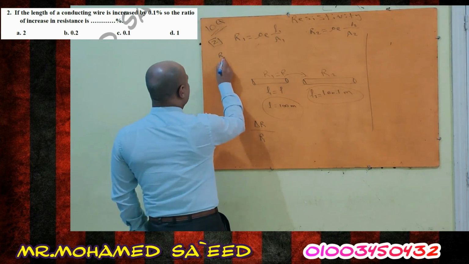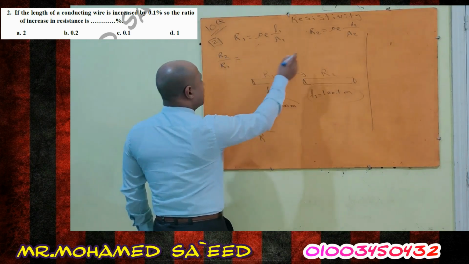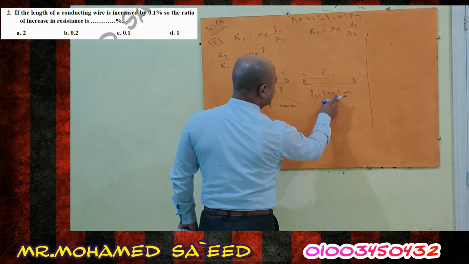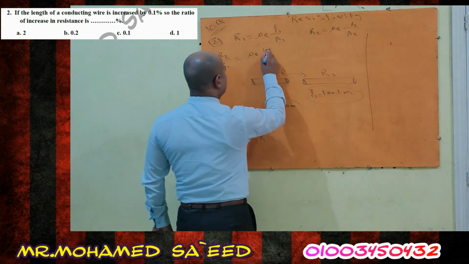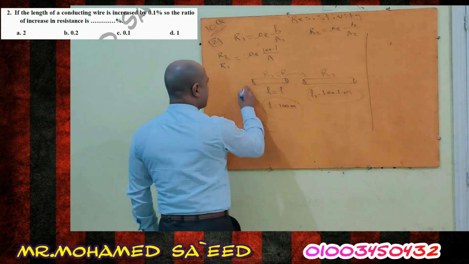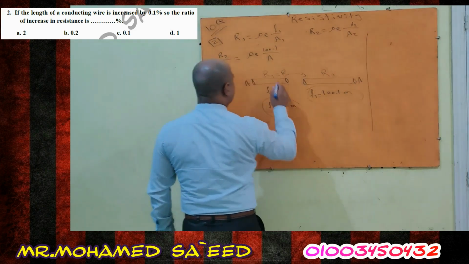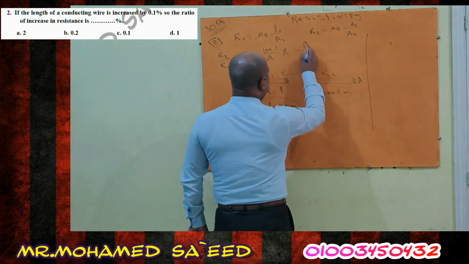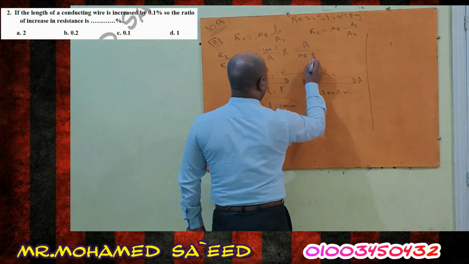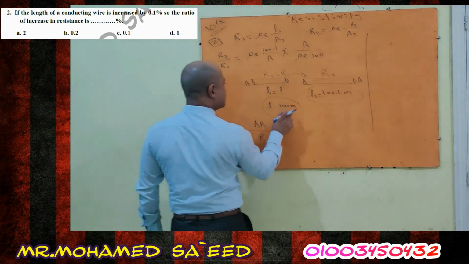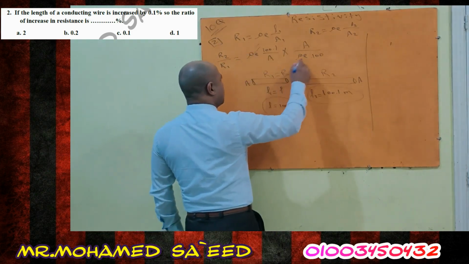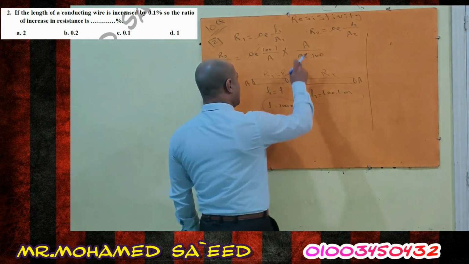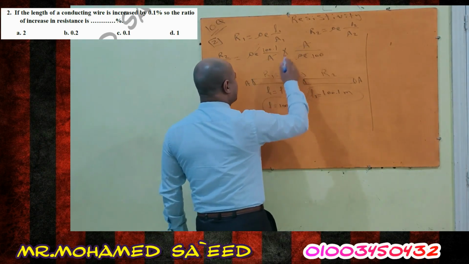So R2 over R1 equals rho L2 over A, which is 100.1 over A, times the reciprocal of R1, A over rho L1, which equals 100. Rho cancels with rho because both of them are made from the same substance, so we have the same resistivity and both of them have the same cross section area.